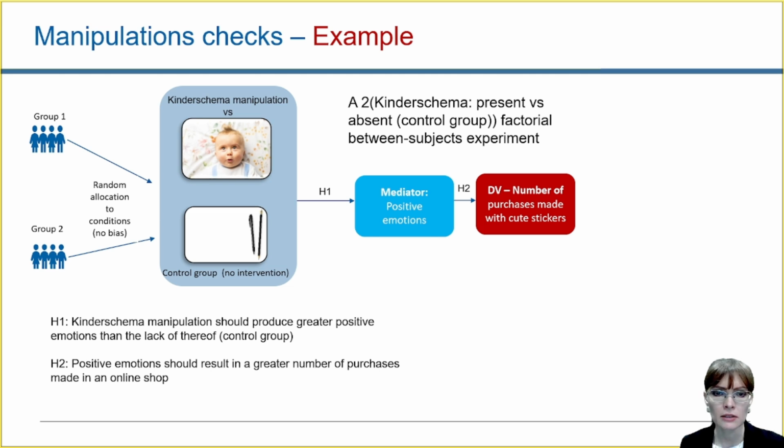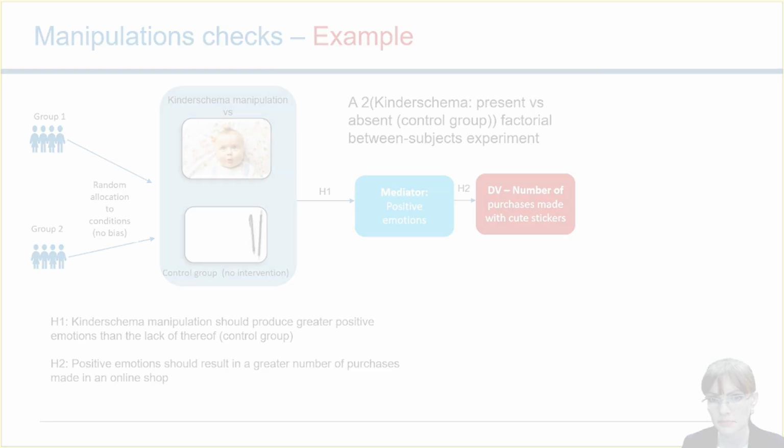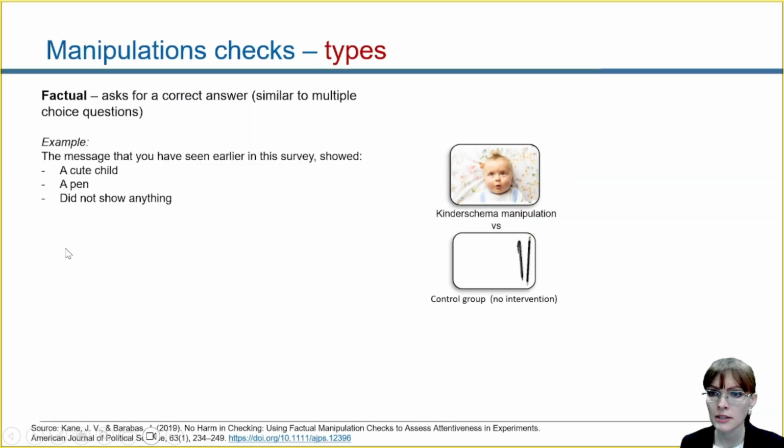Let's have a look at the manipulation checks that can be designed in this type of experiment. A factual manipulation check, in this case, could be a multiple choice question where we ask them to select the correct answer. It could read as, the message that you have just seen in the survey showed a cute child, a pen, or did not show anything.